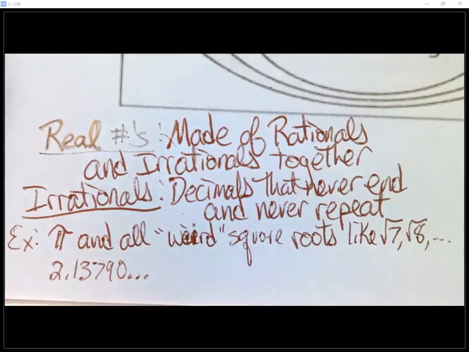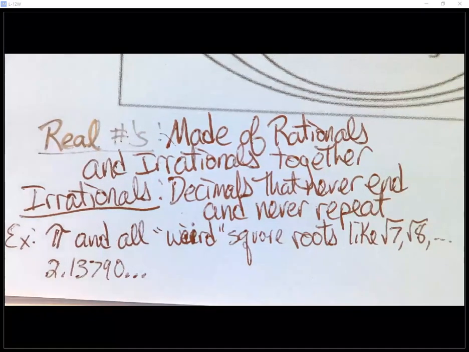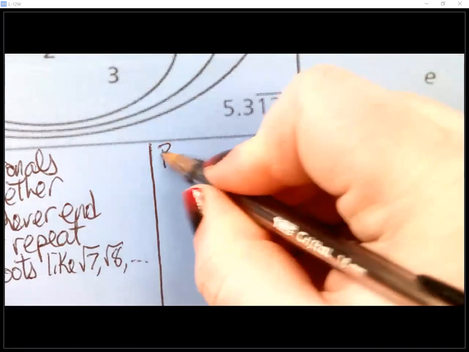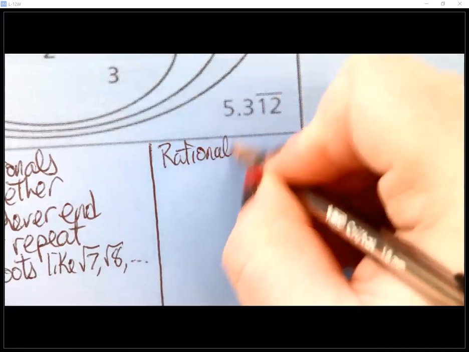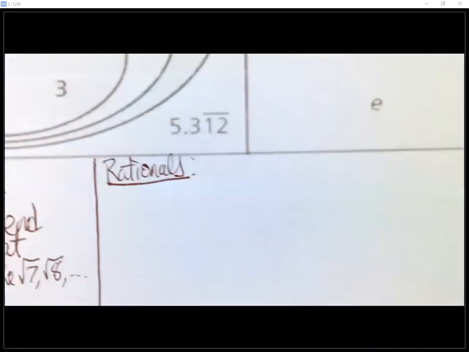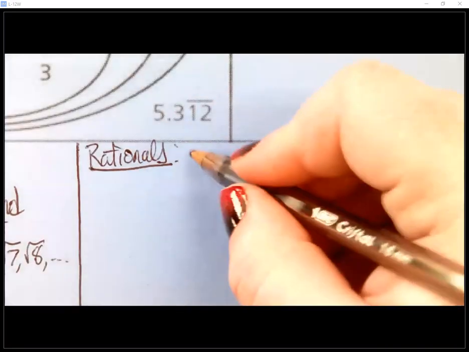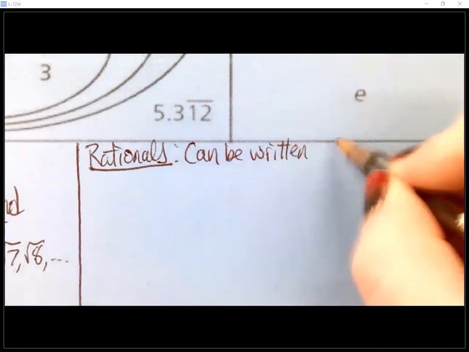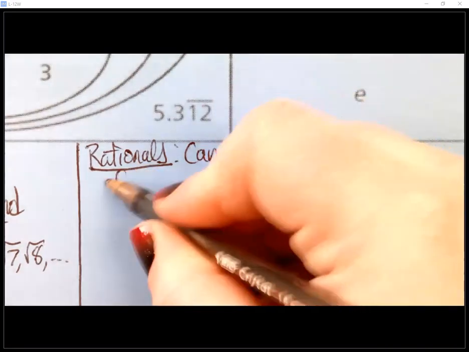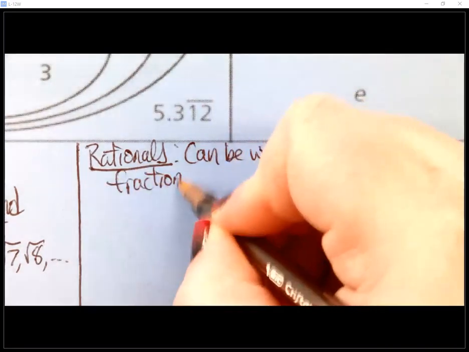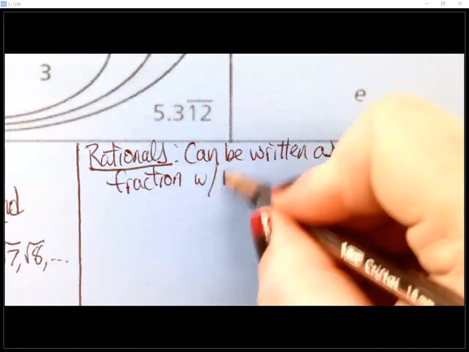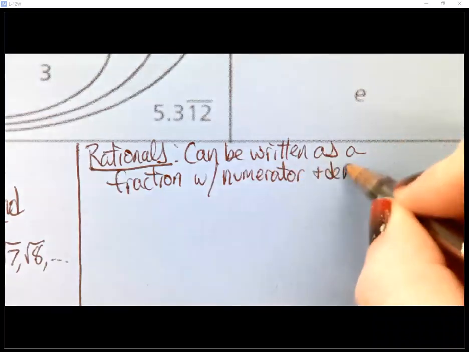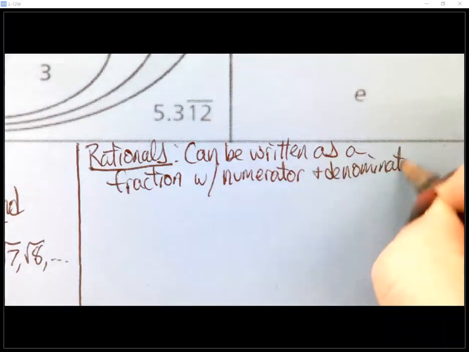So let's talk about those rational ones now. Rationals. These are the ones that you can write as a fraction, where the numerator and denominator are integers.